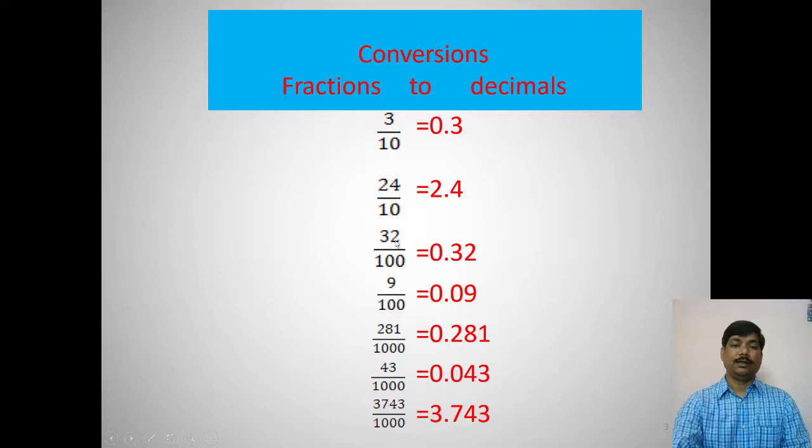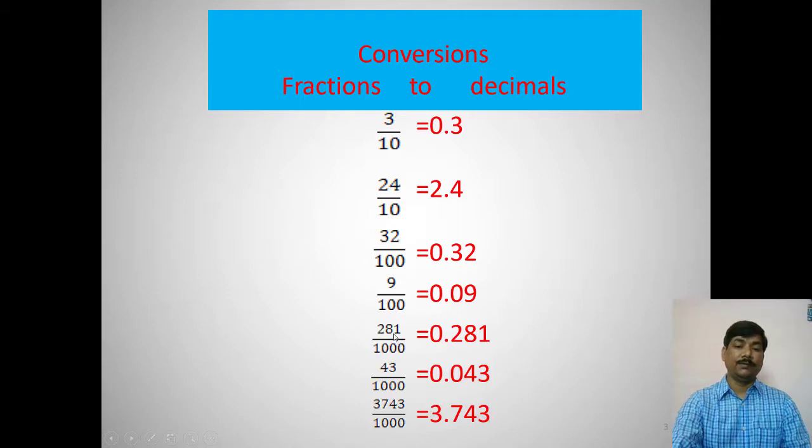When we divide 32 upon 100, we put the point after 2 places: 0.32. 9 upon 100, we put the point after 2 places. But here there is only 1 place. So what do we have to do? We will increase a digit by putting 0 in this way: 0.09.